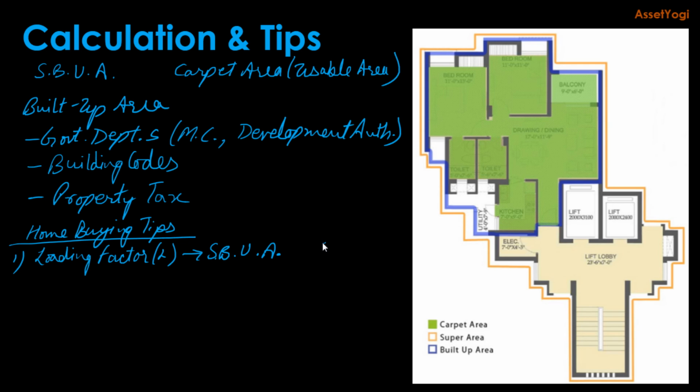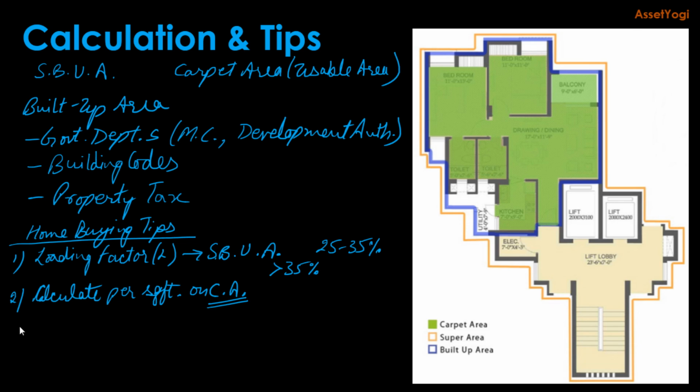I would say generally 25 to 35% loading is reasonable, and if you find that the loading factor used by the builder is more than 35%, then you can probably look at other properties where you are getting much higher carpet area. Then if you are comparing two properties, always calculate the per square feet cost based on carpet area and not on super built up area, because you are mainly concerned about the carpet area, the real usable area that you are going to get, and not the super built up area.